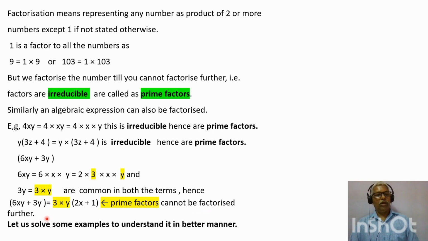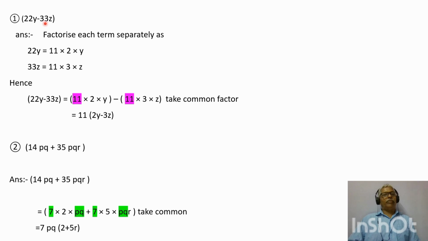Okay, let us solve some examples to understand this in a better manner. So some examples. First one, 22y minus 33z. Answer, factorize each term separately as 22y is equal to 11 into 2 into y, and 33z is equal to 11 into 3 into z.